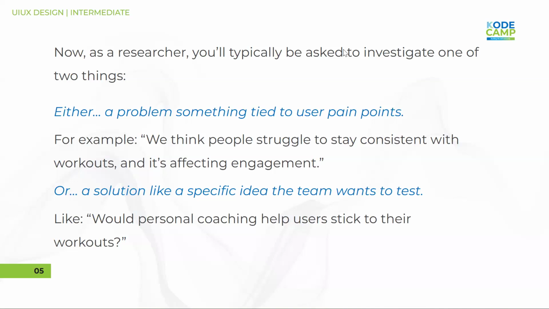So let's take an example. Imagine a team is working on a fitness application, and the product manager has an idea for a new feature, something that could boost user engagement. But the product manager is cautious.